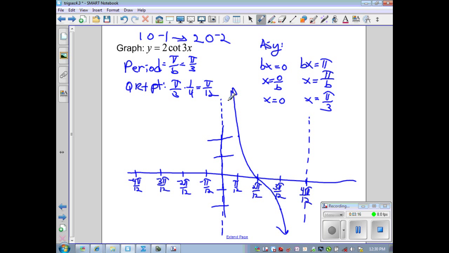Then I continue on the left side of the origin, and that will give me an asymptote still at 0 and a negative pi thirds. And again, my 3 points in the interior that give me my special values of 2, 0, -2. And then graph.